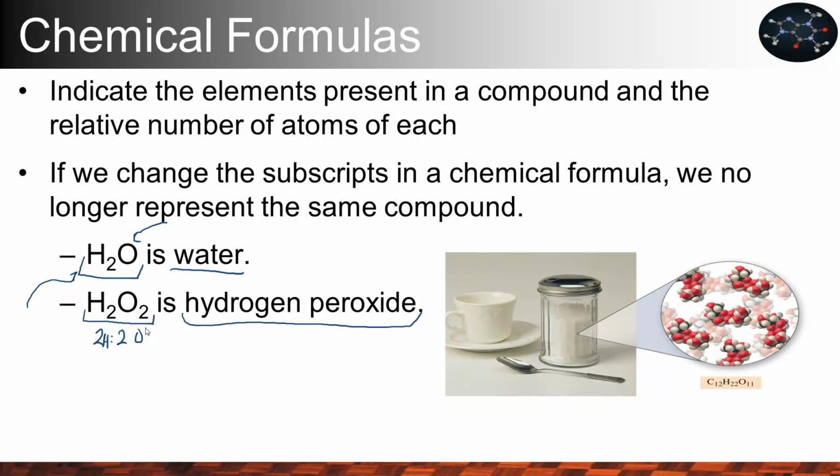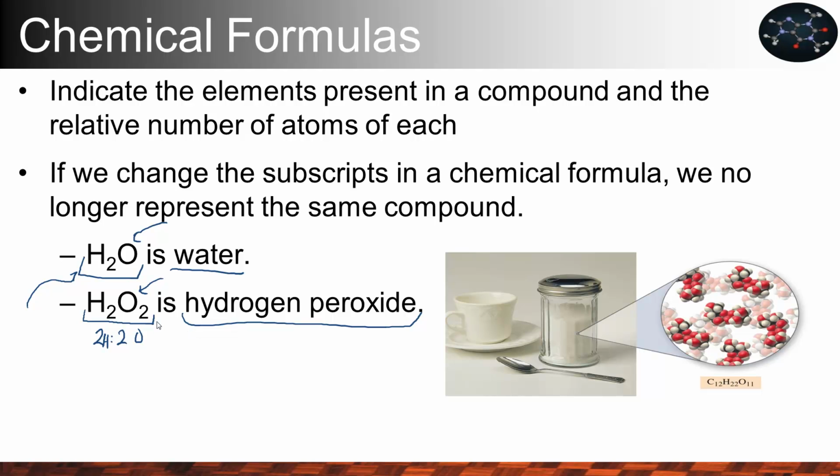It oxidizes things, burns on cuts where water does not, has very, very different properties. And the only thing that's changed is instead of water being 2 hydrogens and 1 oxygen, hydrogen peroxide just has 1 more attached oxygen to it.